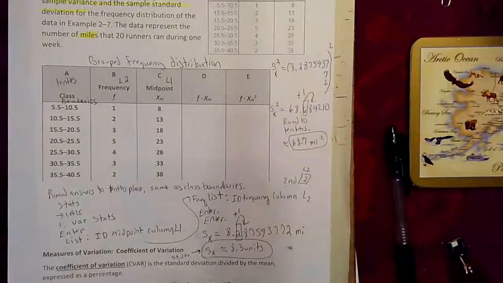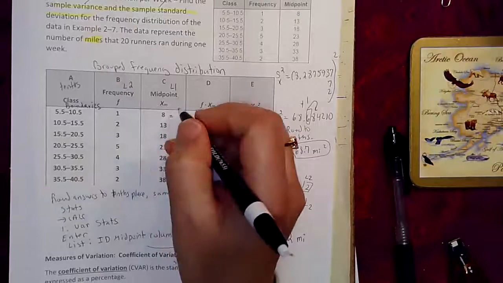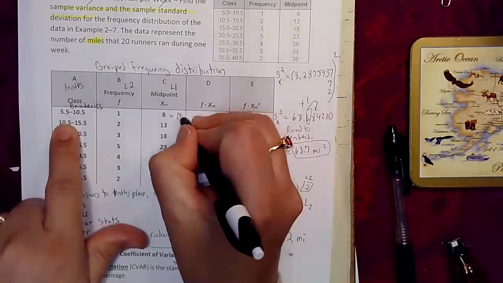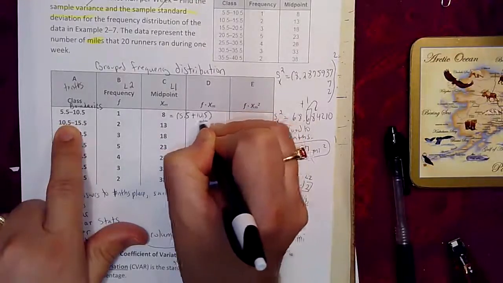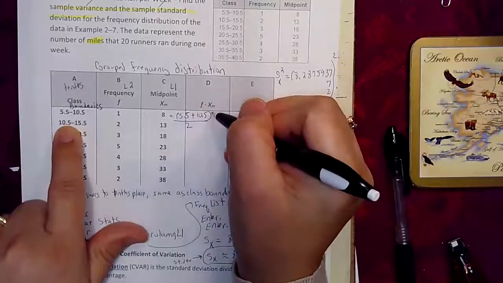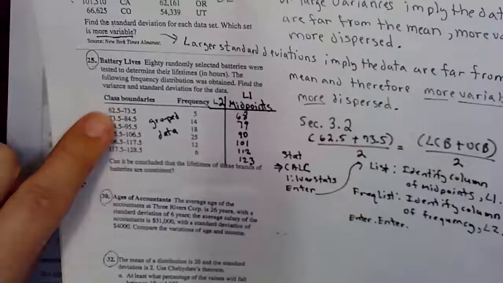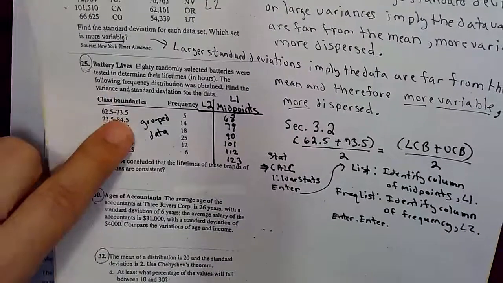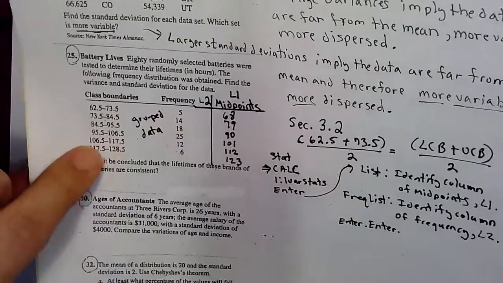Do you know how they got the midpoints? You know how they're taking the 5.5 and adding the 10.5 and then dividing that by 2. That's how they're getting 8 for your midpoints, okay? And then they have you find, like we're doing, the standard deviation and the variance for group frequency data, and then look what they're asking.